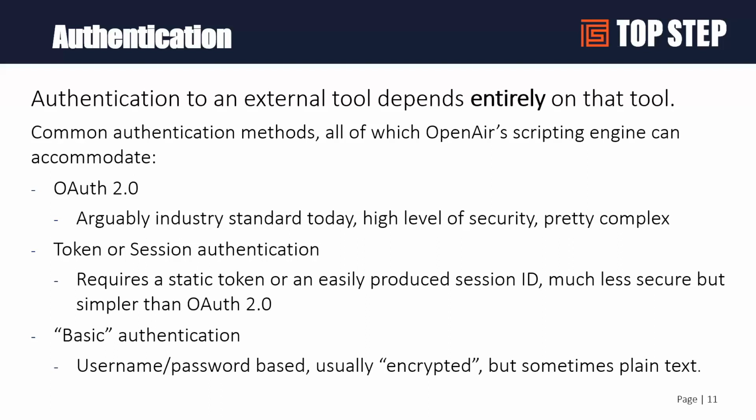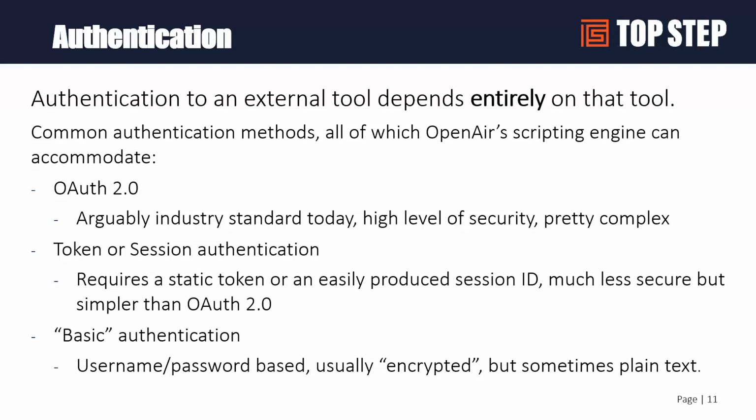A token or a session authentication requires a static token or an easily produced session ID. It's not as secure as OAuth 2, but it's a lot simpler. And then you've got what is every tech person's favorite, the basic auth, with a username and password that is usually quote unquote encrypted, but sometimes it's just plain text that you're sending over the internet, which is a terrible, terrible idea.